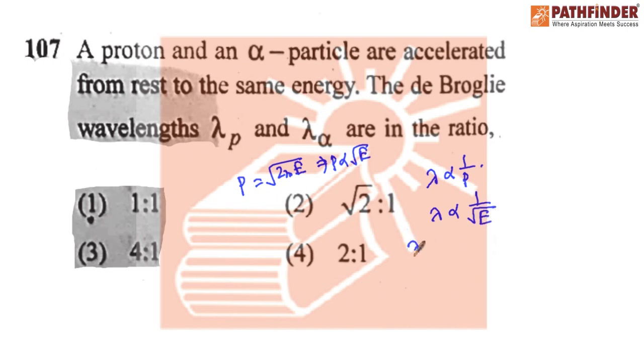So lambda of proton by lambda of alpha particle, the energy is same, so it will be in the inverse ratio of root under mass. So mass of alpha particle by mass of proton, and of course this ratio is 4, so root under 4 is equal to 2. So the correct option is option number 4.